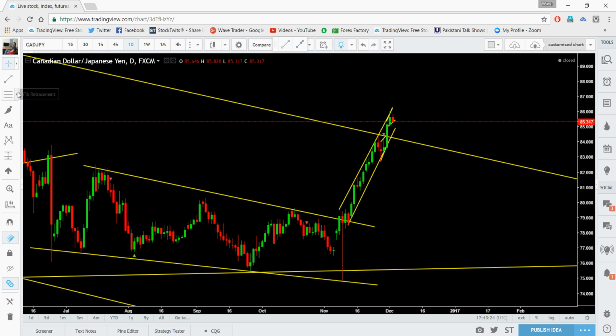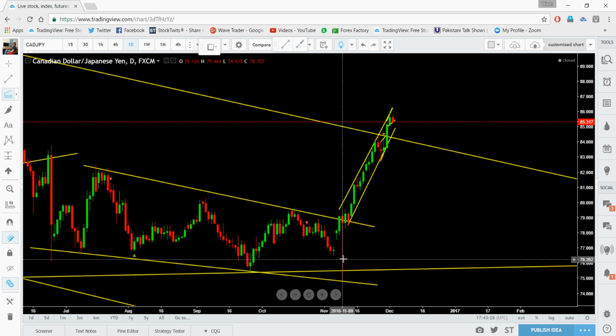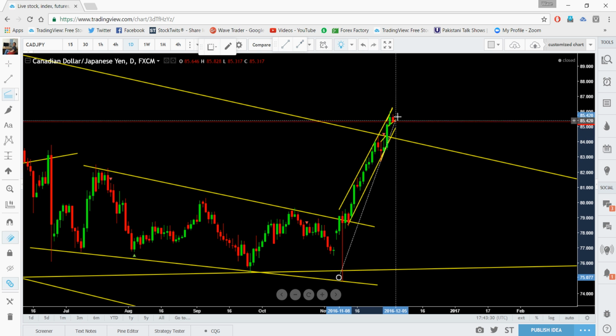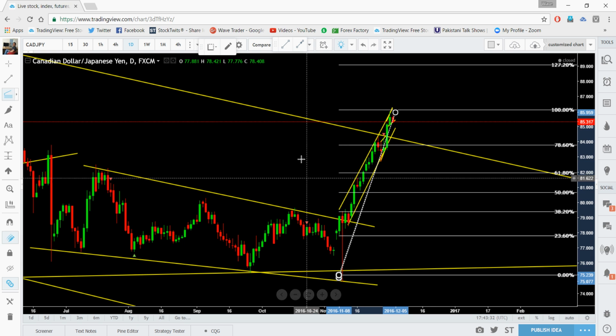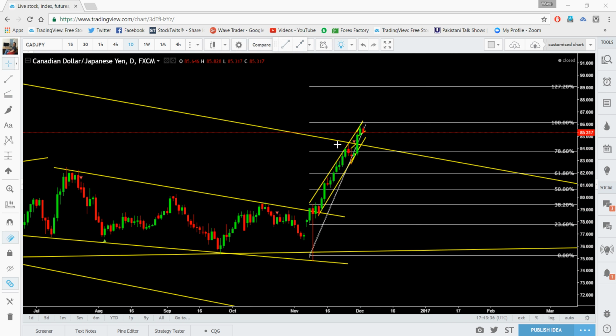Some traders use extension, something like this. Extension of this trend, extension of this impulse. It can come up to 50 or 38 or 618 or something like that, and then continue to the upside, or can hit the 127 or even beyond that.